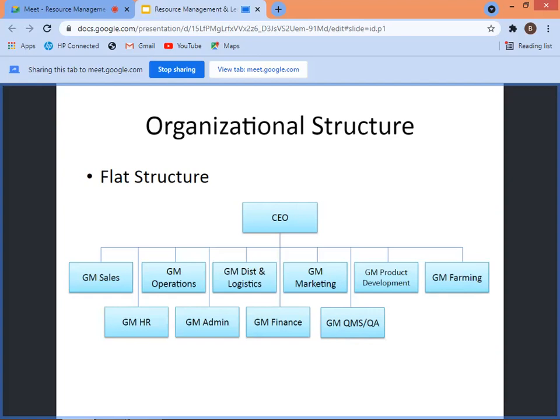What is the advantage of this organization? I'd like to tell you that. These GMs, if they want to propose something to the CEO, because the CEO will make the decision, they have a certain level of decision making.